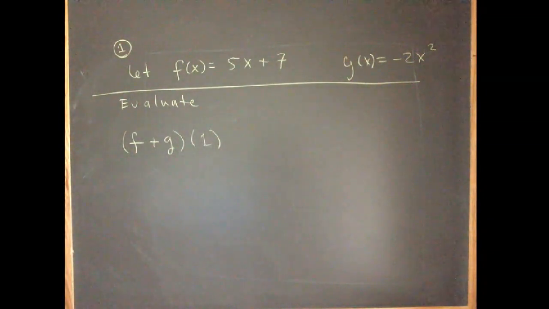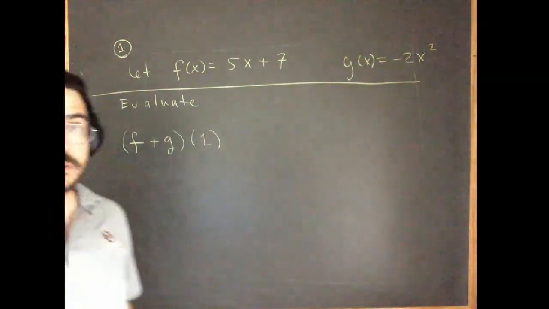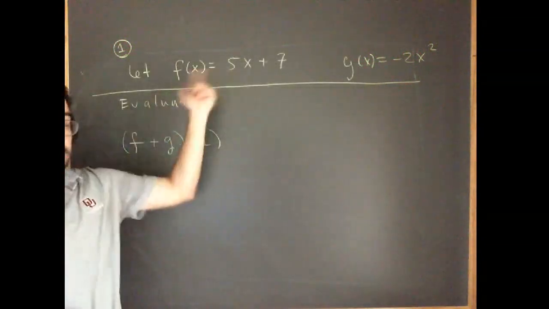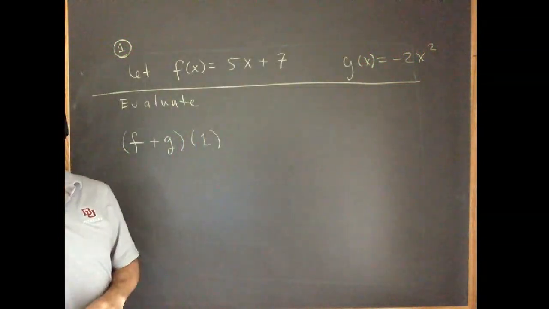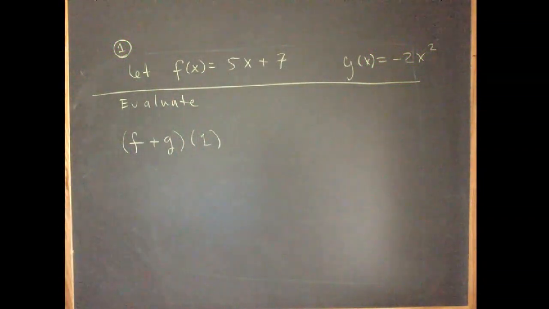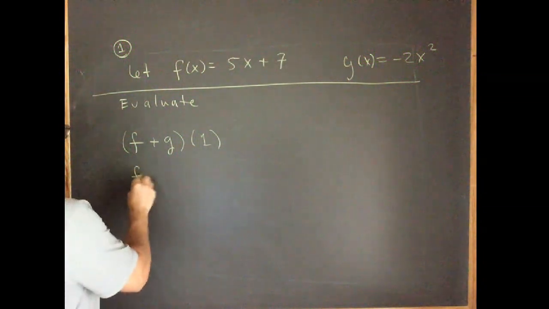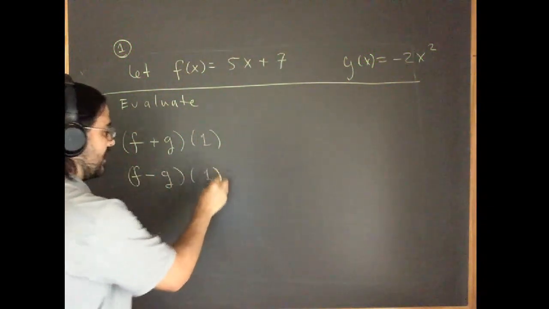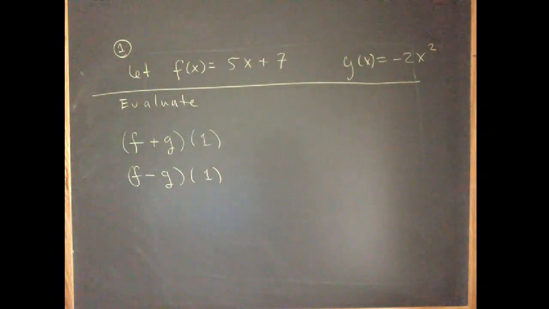So the question here is, what happens when I plug 1 into the sum of these two functions? And then the next one we'll do is subtraction. So we'll do f minus g, and we'll also evaluate that at 1. So we can see the connection there.